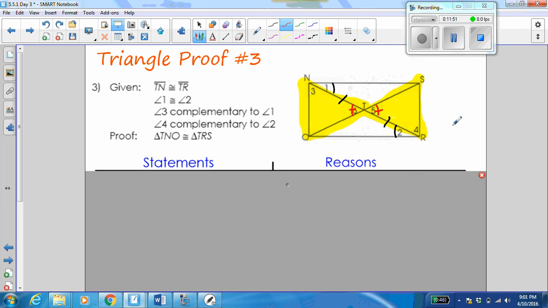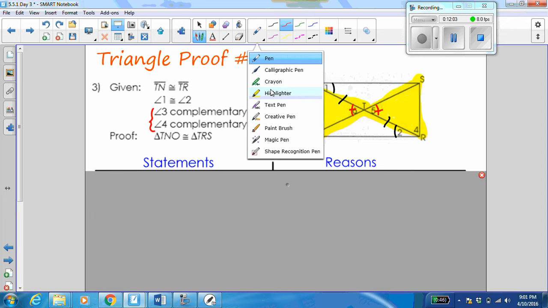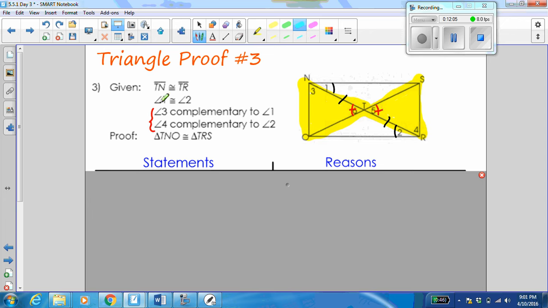So that's something I'm going to mark again in my red color because I'm going to infer it, not because it's given to us. And then if we take a look at this information here, I know angle 1 is congruent to angle 2.